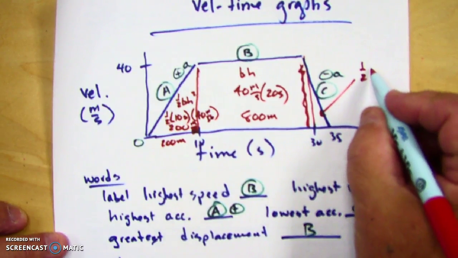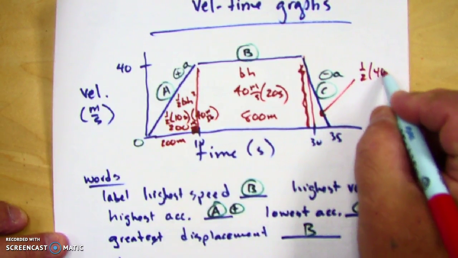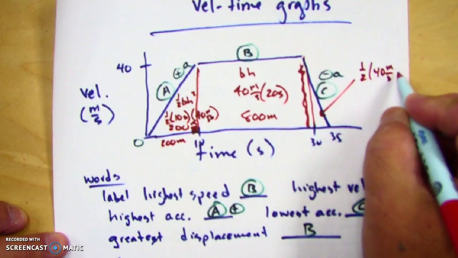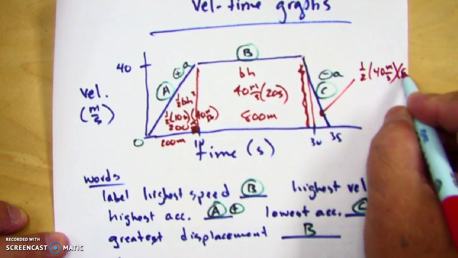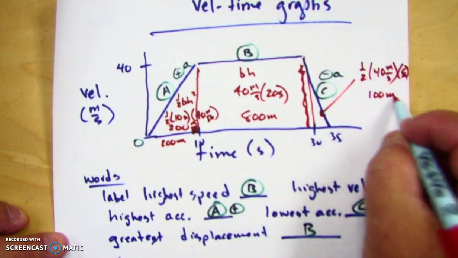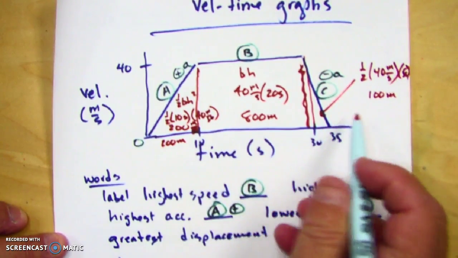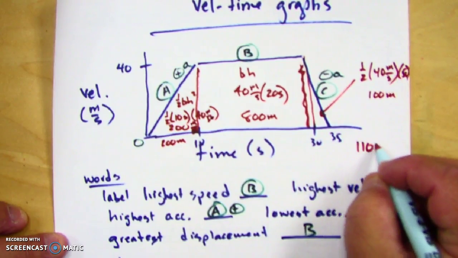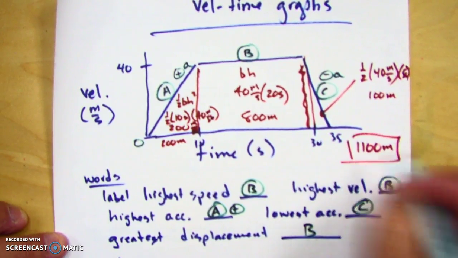So 1/2 base times height, 1/2 times 40 meters per second times 5 seconds. 20 times 5, 100 meters. So your total would simply be the addition of those, which is going to be 1100 meters.